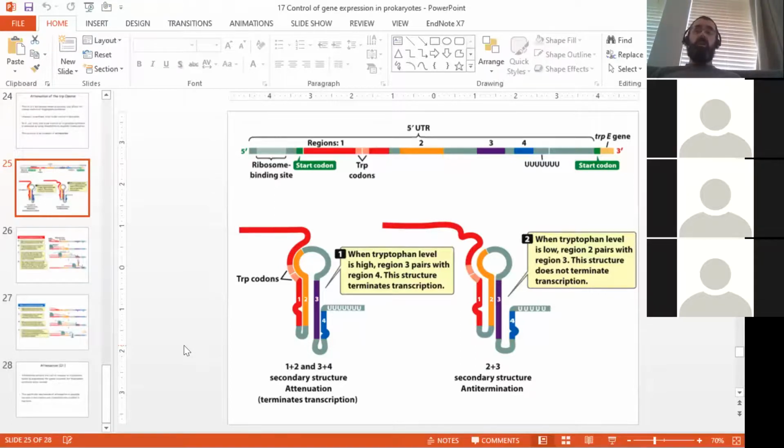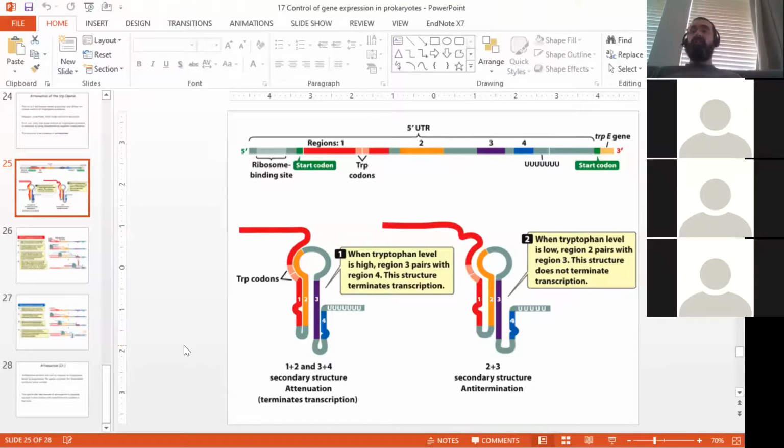It's quite obvious that if something is only occasionally present in your environment, you only turn on the system that processes it when it is present, right? So you want it to be off most of the time. Right, it saves energy, ribosomes have to translate everything, right? So if you're clogging up the works with proteins being made that you don't need, you're not going to be making other proteins, right?